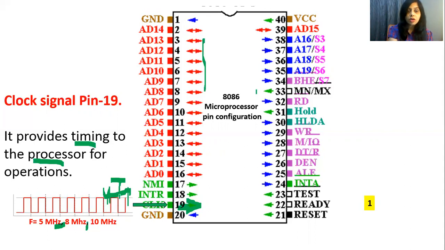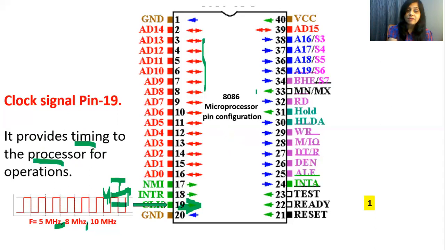Remember, one clock cycle, that means from this to this, is known as one T state of the 8086 microprocessor. After every T state, the microprocessor performs some operation, and hence it is said that it provides timing to the processor. Why is it said that it provides timing to the processor?